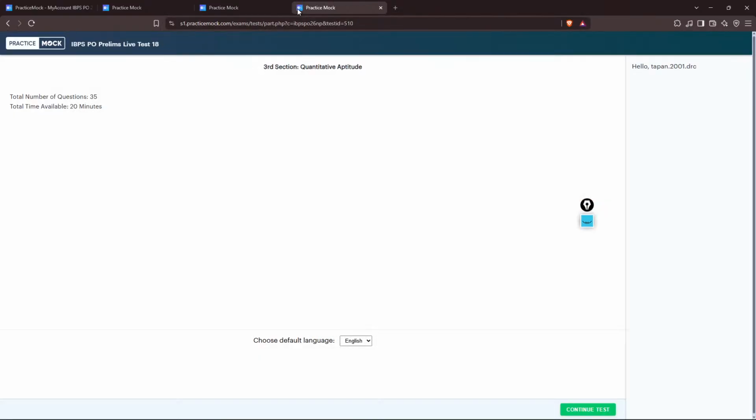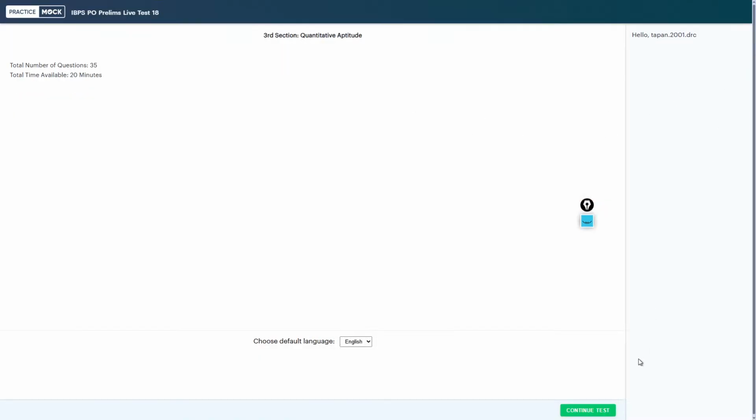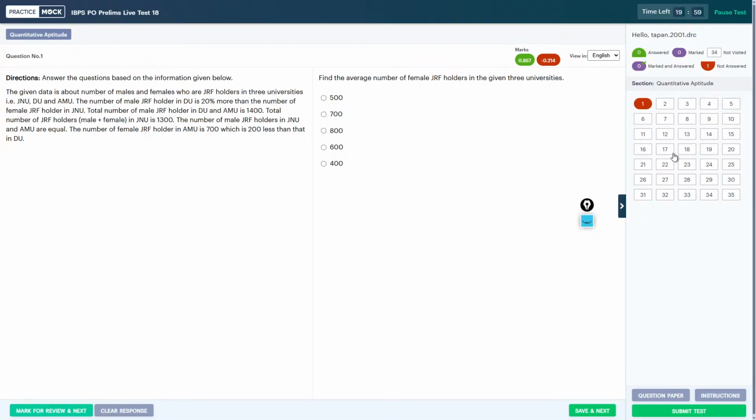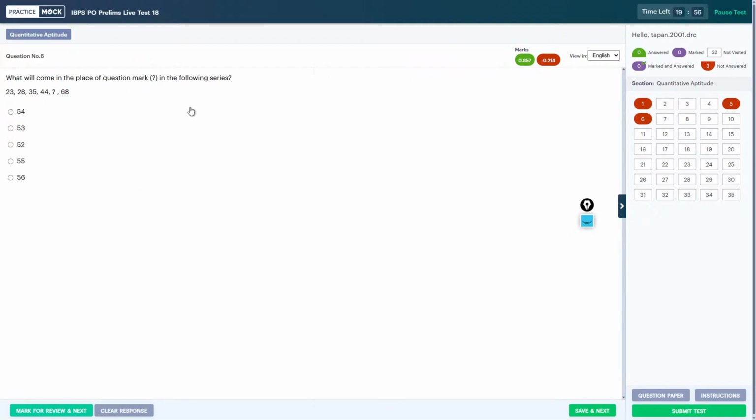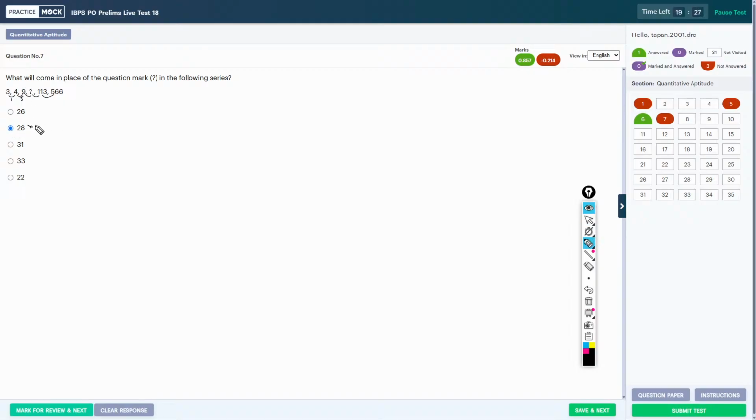Okay, so quants. Okay, first one is a caselet. 5, 7, 9, 11, 13. Yes, so 55. Into 1 plus 1, into 2 plus 1, into 3 plus 1, and into 4 plus 1.